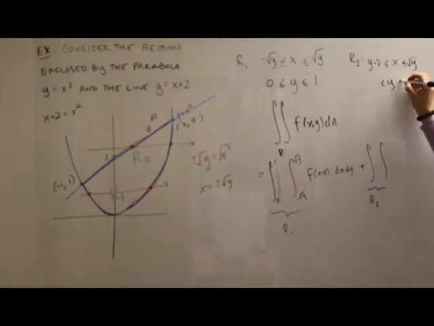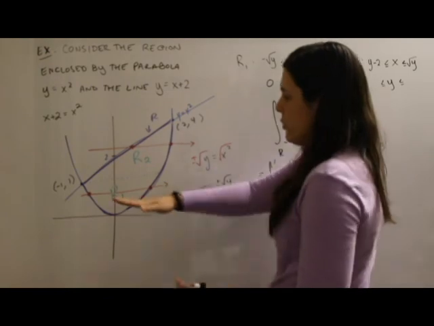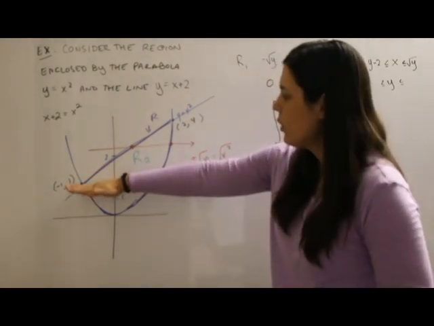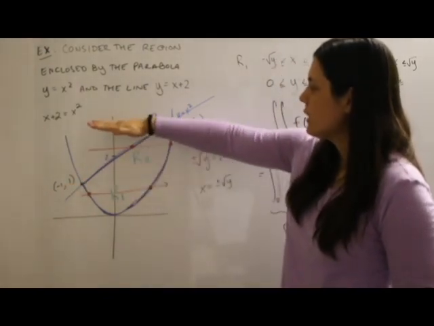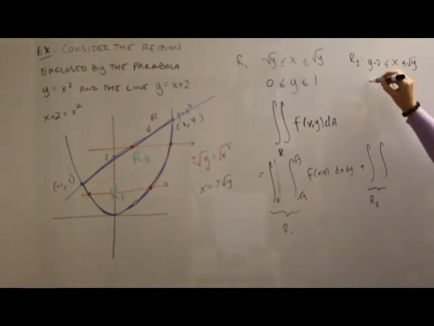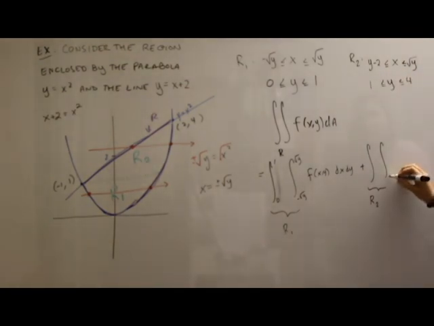And then y, for R2, is as low as 1 and as high as 4. So y is bounded between 1 and 4. So inside here, we integrate with respect to x first, so y minus 2 up to square root y of f of x, y dx, dx first, and then with respect to y second, between 1 and 4.